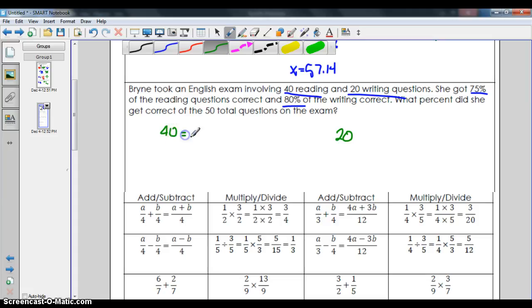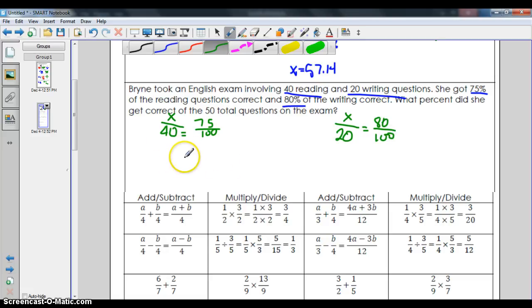Of the reading, that 40 is our total. So we don't know how many correct out of 40, but we know that it equals 75%, so 75 over 100. And how many out of 20, we don't know. And that was equal to 80%, or 80 over 100.